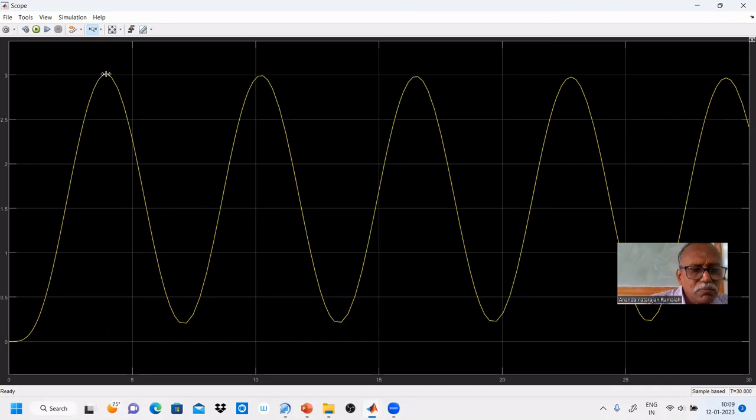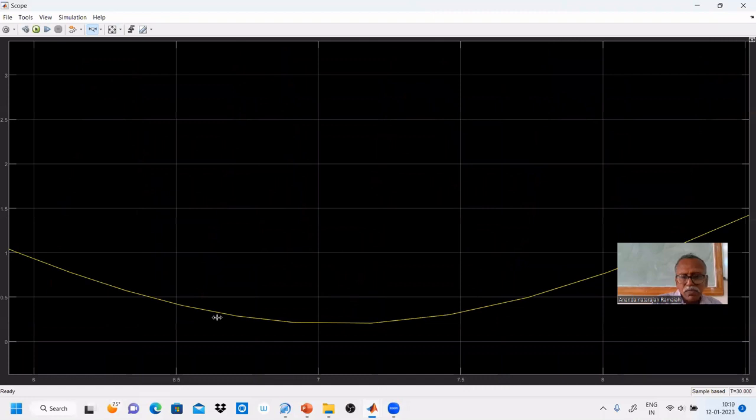What is the period of oscillation? To see the period of oscillation, we have to amplify and look here. The starting value is 7.2.